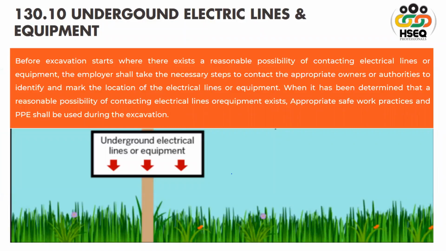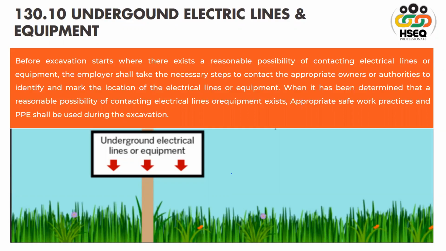Underground electric lines and equipment: before excavation starts, where there is a reasonable possibility of contacting the electric lines or equipment, the employer shall take the necessary steps to contact the appropriate owners or authorities to identify and mark the location of the electric lines or equipment. When it has been determined that a reasonable possibility of contacting electric lines exists, appropriate safe work practices and PPE shall be used during the excavation.